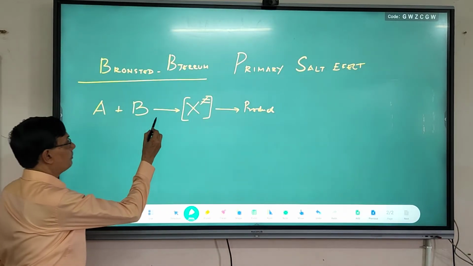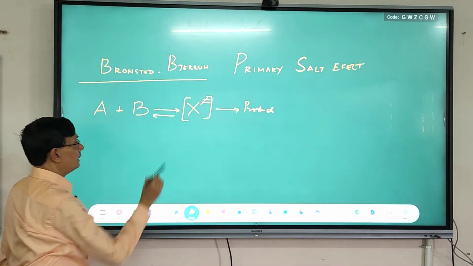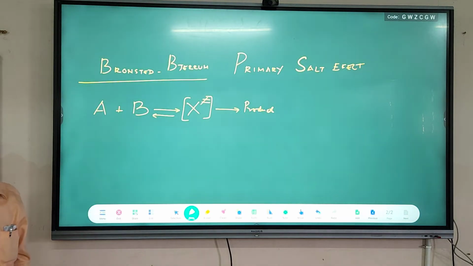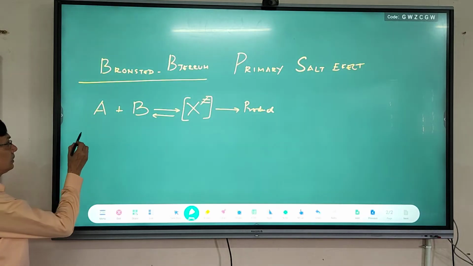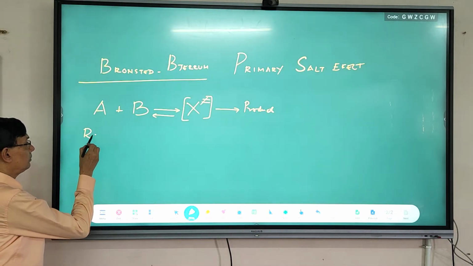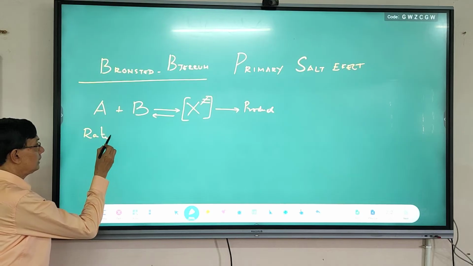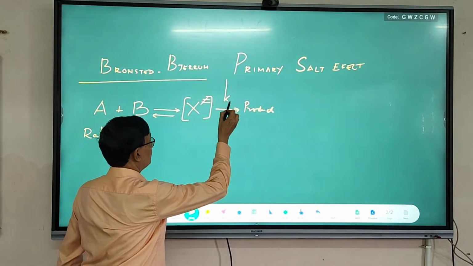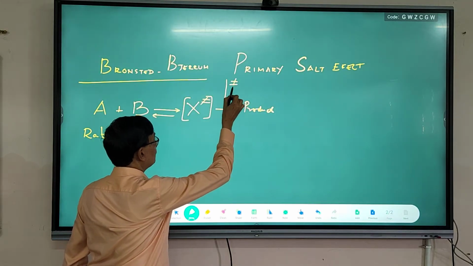This is the first step, and then the conversion of the activated complex is the slow step. So as in the normal case, the rate of the rate determining step, suppose this is some K activated. It is up to you, whatever you write.